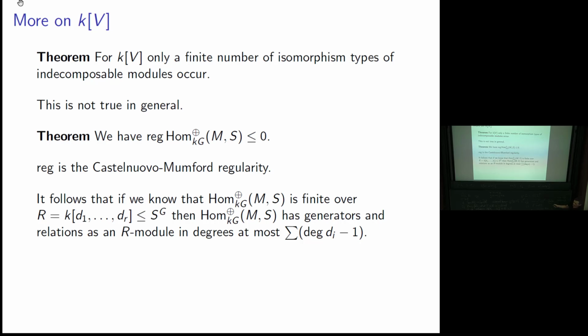They don't have to be algebraically independent, but because the dimension of this is smaller than the dimension of SG, you can probably get a small collection of things here. So you try to make this as small as possible, and then this thing is generated as a module in degrees at most that. So you've completely determined it in those degrees as a module.